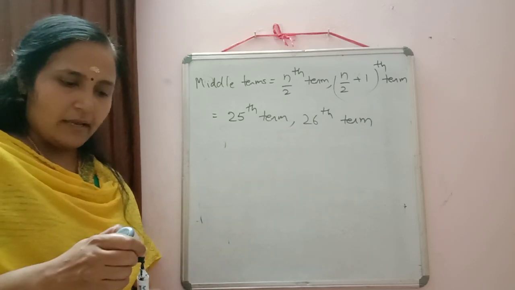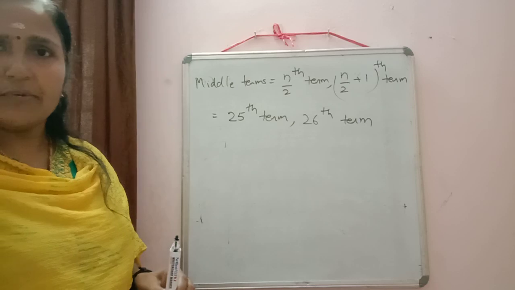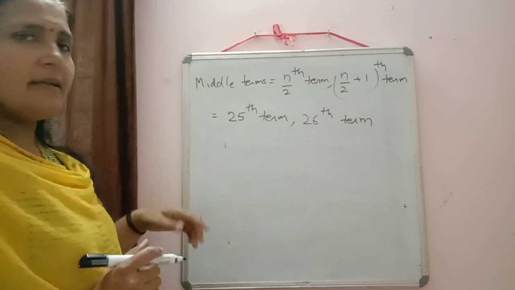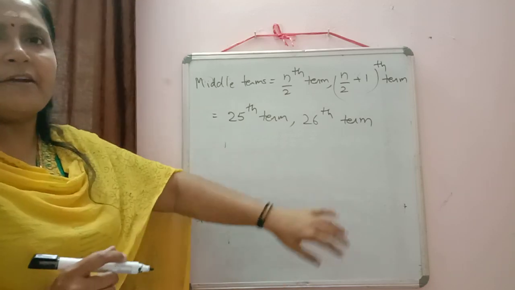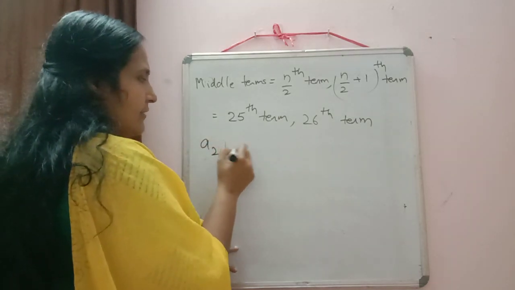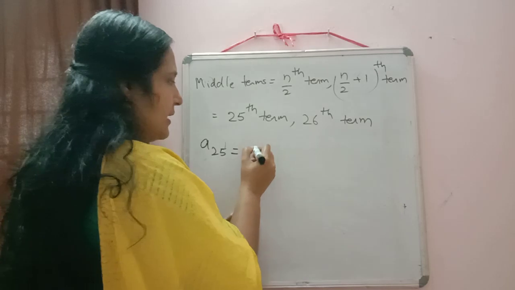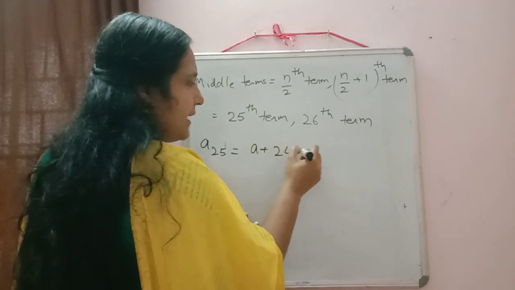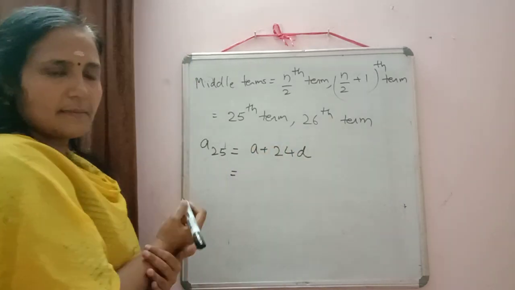Now we have to calculate what will be the 25th and 26th term. Only one term we can calculate, and then we can add the common difference. So I am calculating a25. According to the formula, it will be equal to a plus 24d. Now substitute the value.